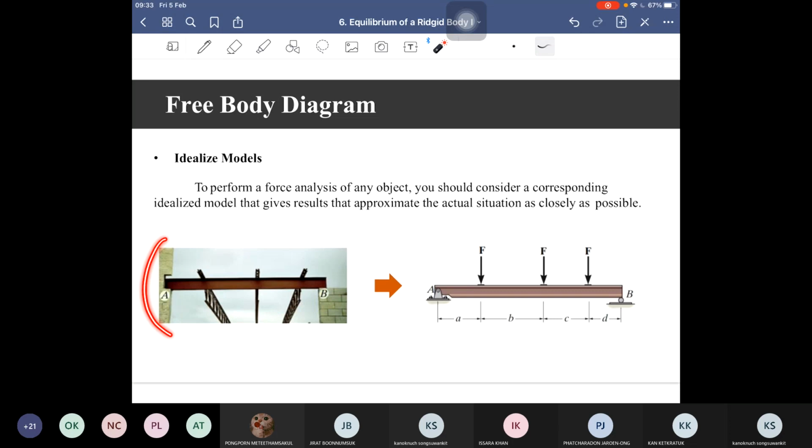For this beam support, you can see that it is 3 dimensional, right? But you can also represent this system with a 2 dimensional figure because the width or the depth of the object is not related to the system. Then we can represent it in 2 dimensions because we only consider the force and the dimension of the beam. Okay, the depth of the system is not a concern. So we have this free body diagram.